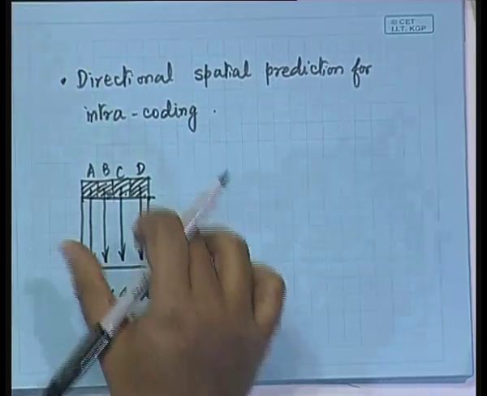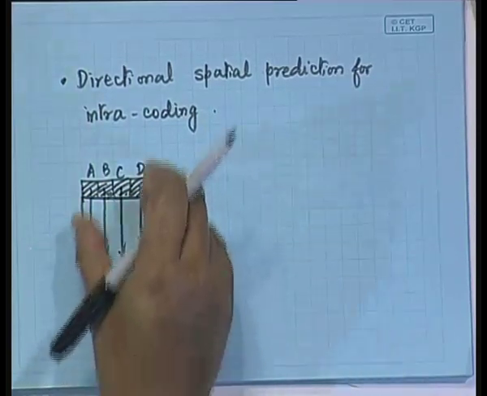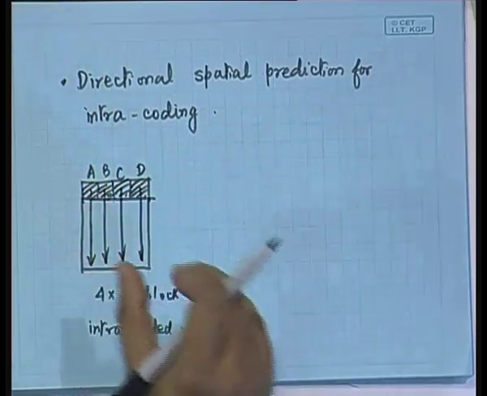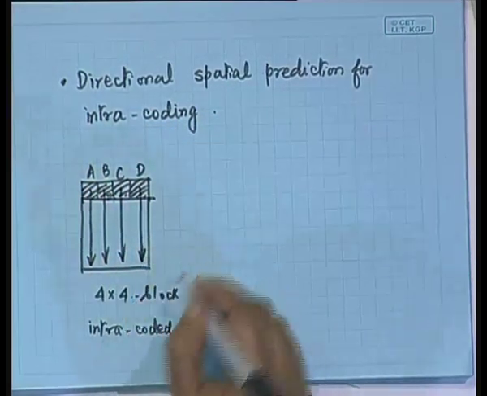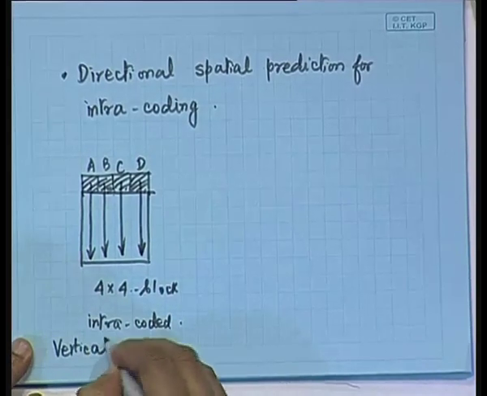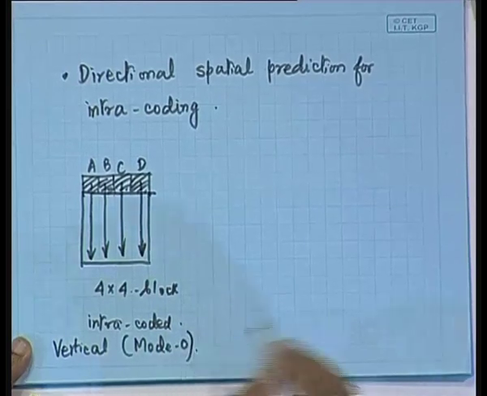This is a vertical prediction, using the top pixels to predict this 4 by 4 block, and vertical prediction is called the mode 0 prediction.